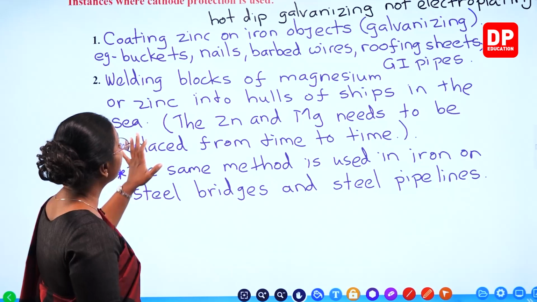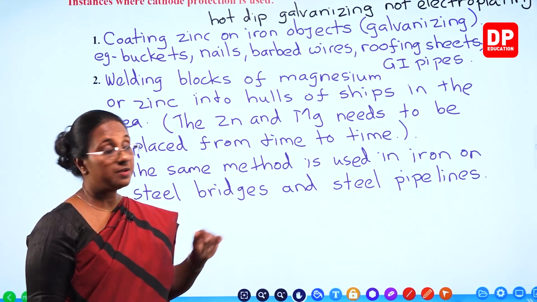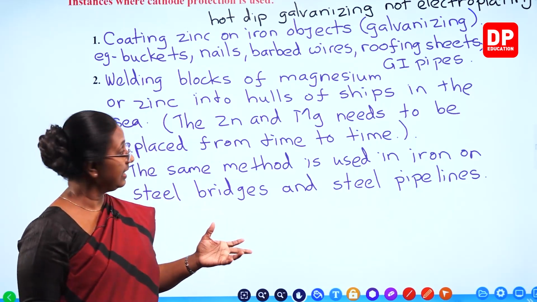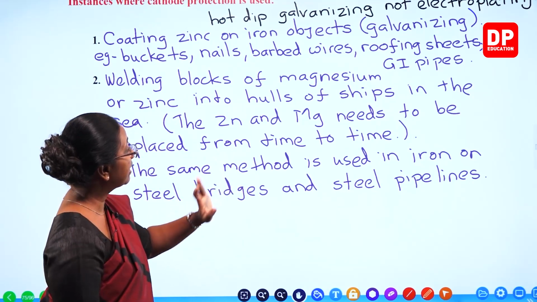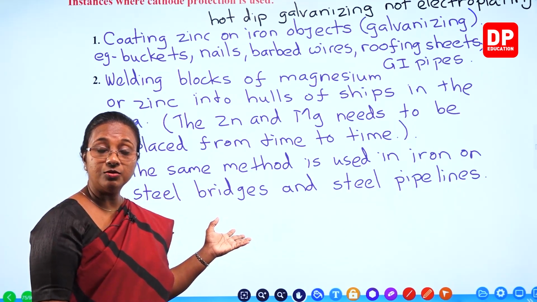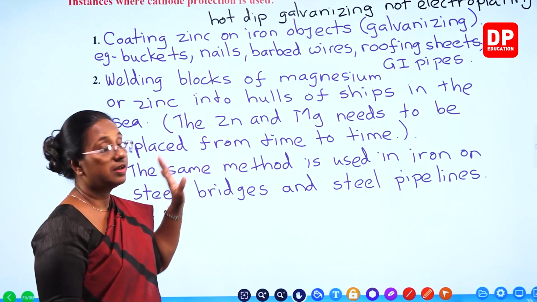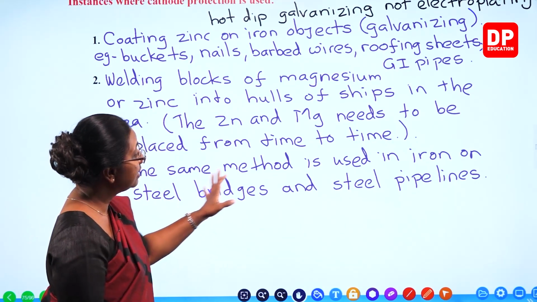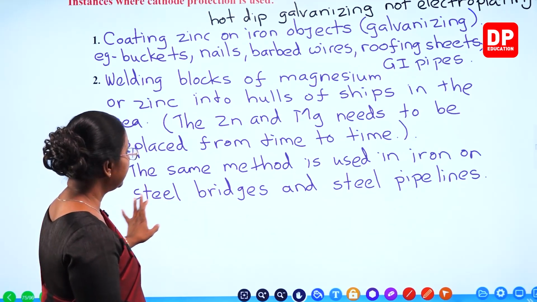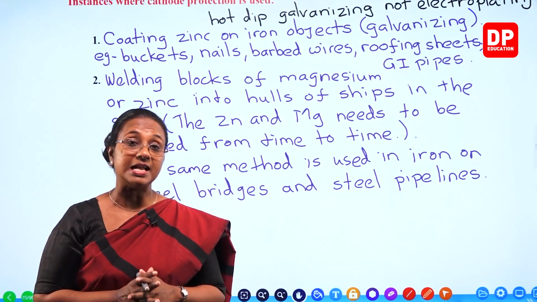Then there is welding blocks of magnesium or zinc into hulls of ships in the sea when they are sailing, and the zinc and magnesium needs to be replaced from time to time because they undergo oxidation. And the same method, like this welding of magnesium and zinc, is used in iron or steel bridges and steel pipelines. So you have to remember that, students.